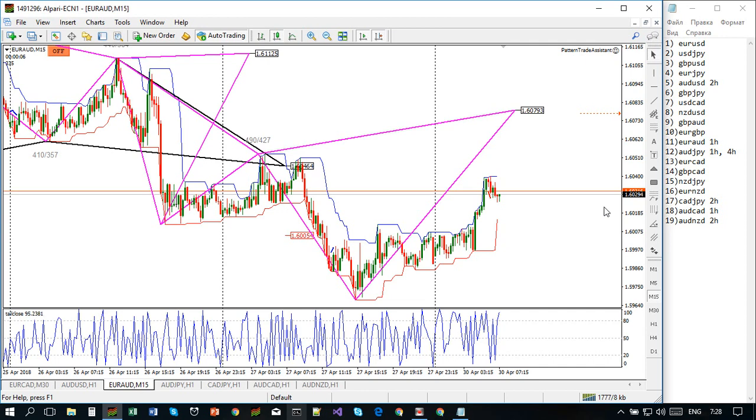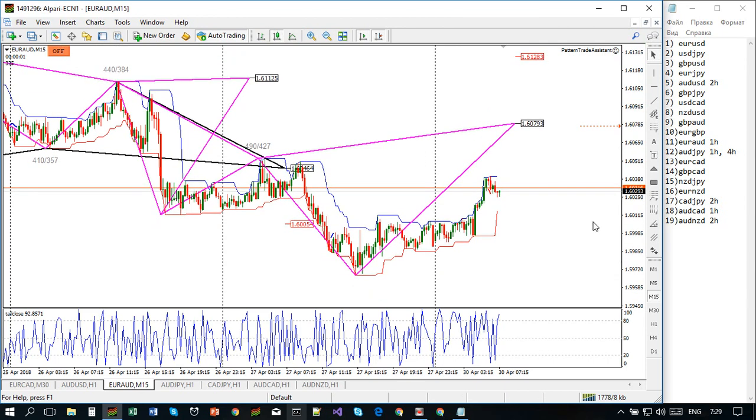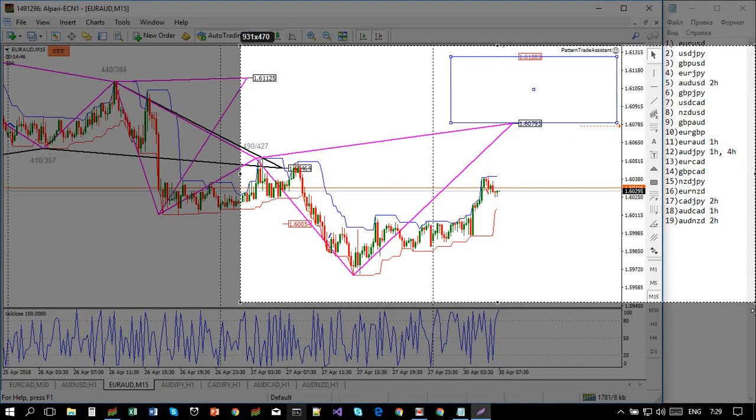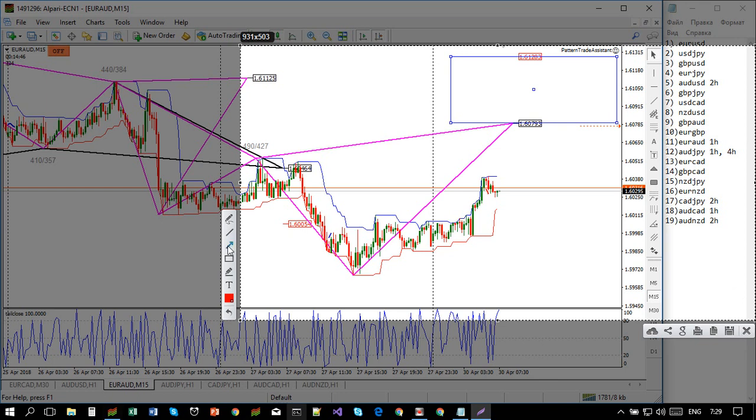Okay, so as for the patterns, I already made a hint that I trade them conservatively. To trade them conservatively I'm looking at this range. So this is the area. Here the pattern completes, here it is invalidated. So I'm looking somewhere here to execute my pattern.